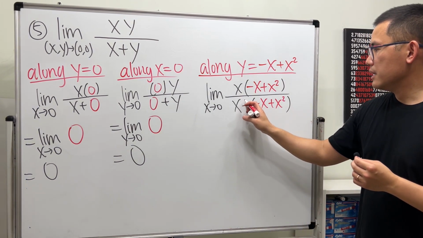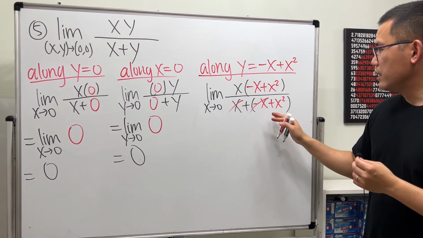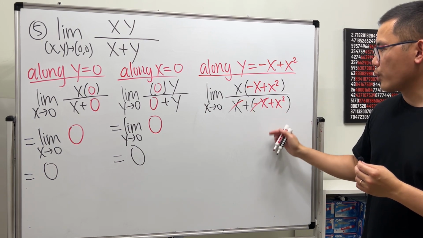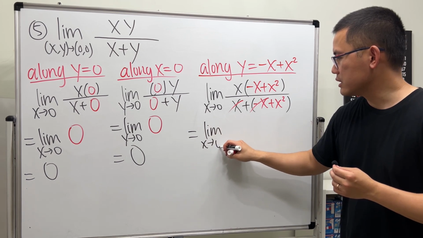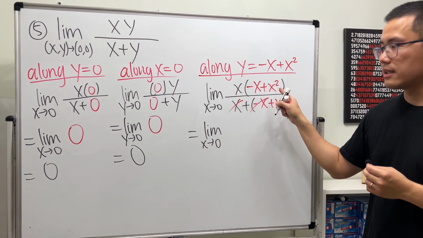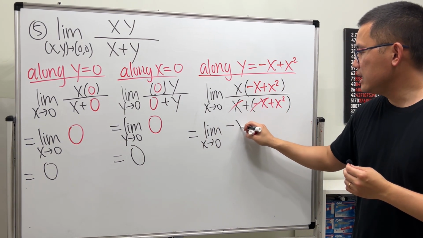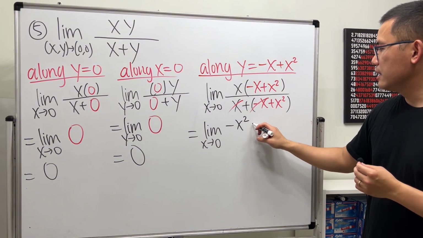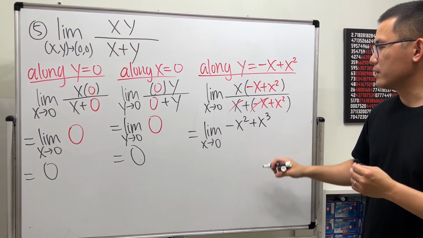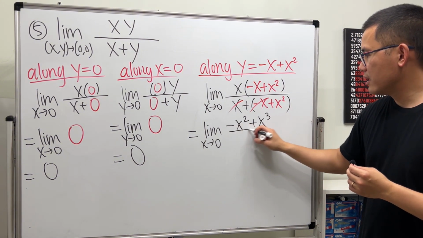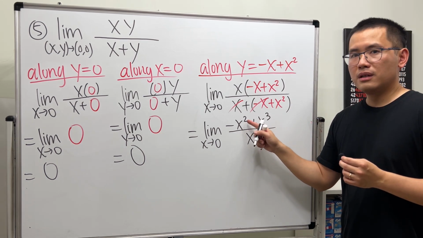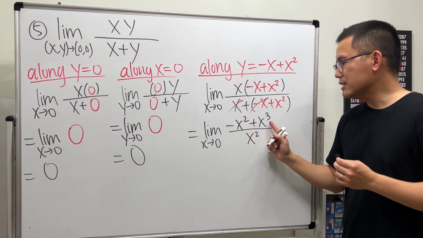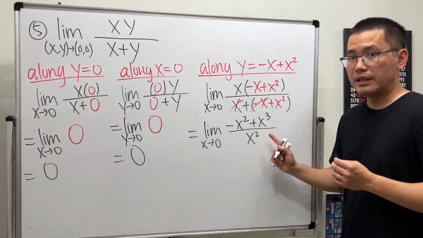Have a look. This x and that x cancel, and on the bottom we have x squared, and here is the limit as x approaching 0. Distribute the x on the top, we get negative x squared, and then plus x to the third power over x squared. So you see that we have the same power on the bottom, and this right here, in fact, it's a bigger power than this.